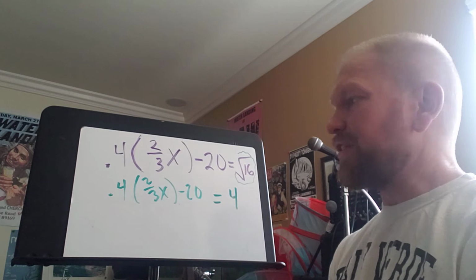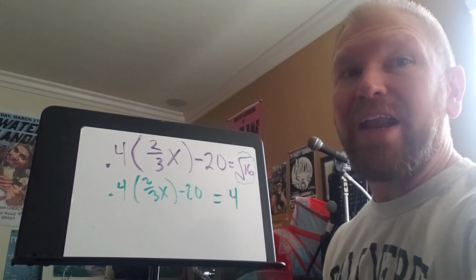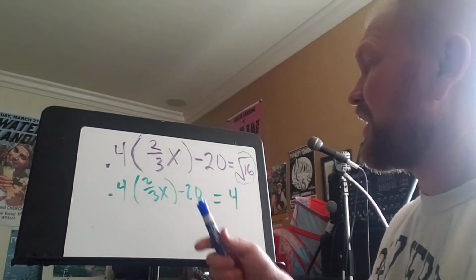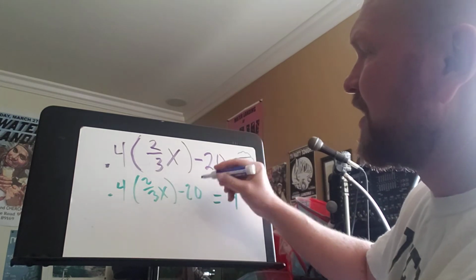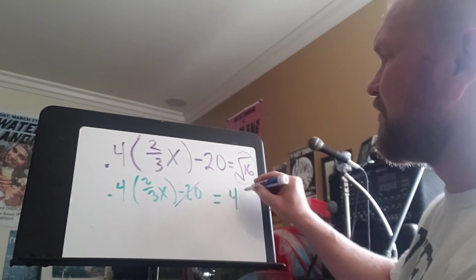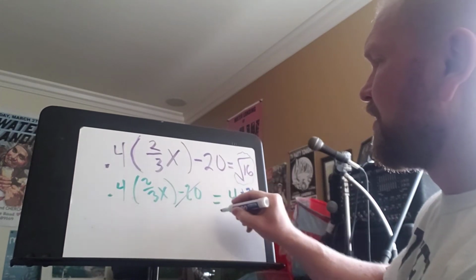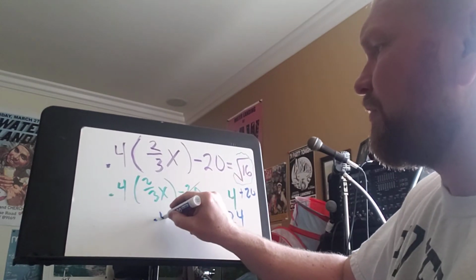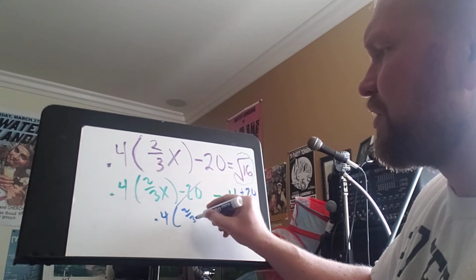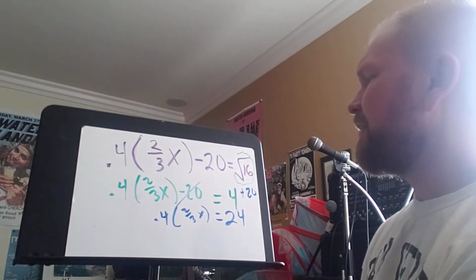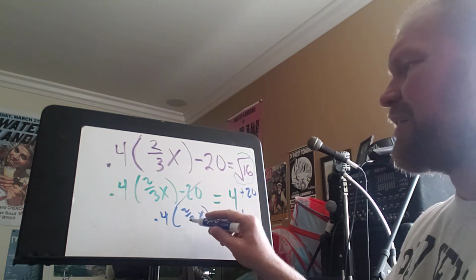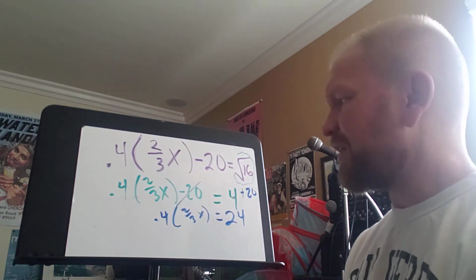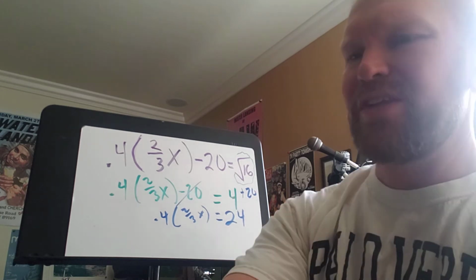The next step in solving this is we have to get rid of the adding or subtracting first from this side to eventually isolate this x. So let me add 20. If I add 20 to both sides, now this side is going to be 24. I think I'll actually combine those, so let me take back that last step.